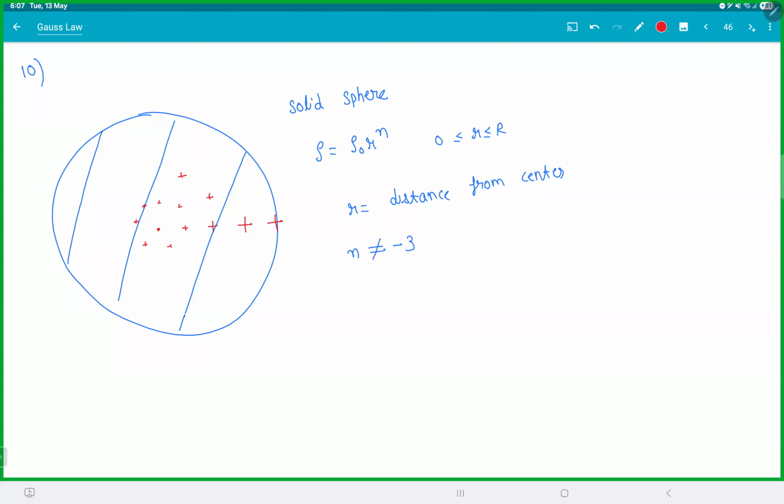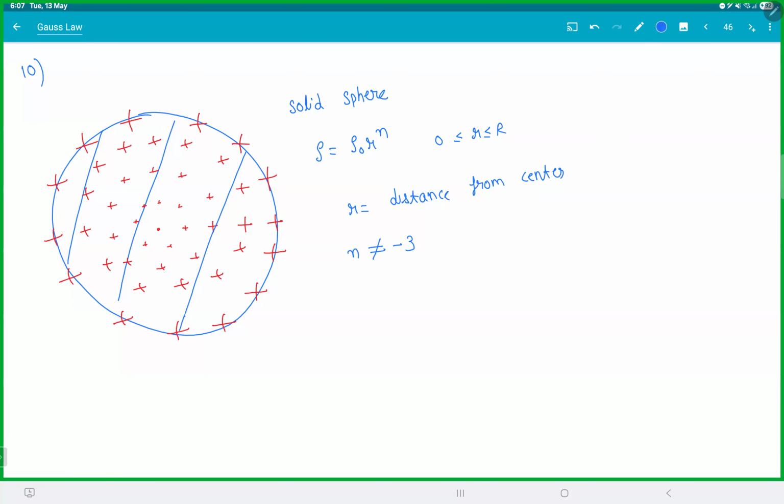Once you come here, charge is a little more. You're getting it? So radially as you go out, charge is increasing. Here, charge is even more. So you have maximum charge on the surface. Something like this. This is how the picture looks. So as you go outside, the charge is increasing more and more.